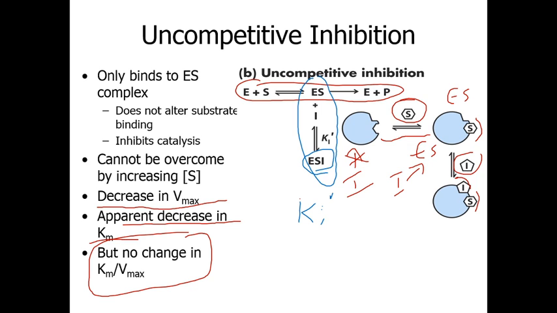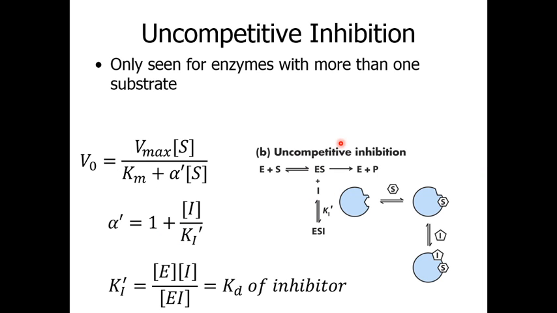Now, how can you explain this quantitatively? Uncompetitive inhibition is classically seen for enzymes with more than one substrate, and the inhibitor binds to the ES complex. In this case, the alpha is associated with the substrate, and the alpha prime term is given by 1 plus I over Ki prime. Here, Ki prime is the concentration of ES times I divided by ESI. Even here, the Michaelis Menten equation changes in the presence of an uncompetitive inhibitor.